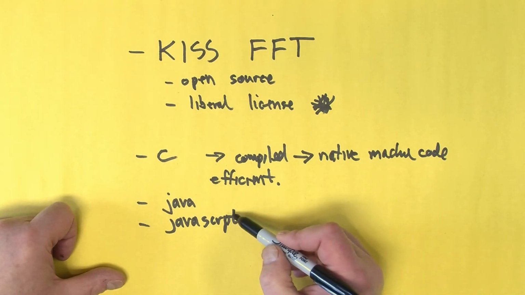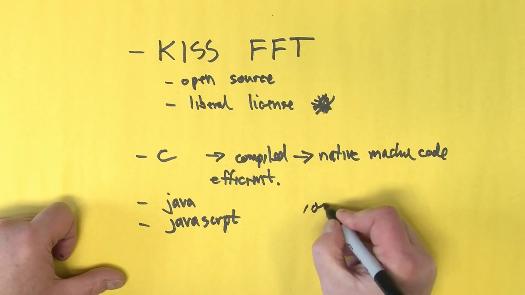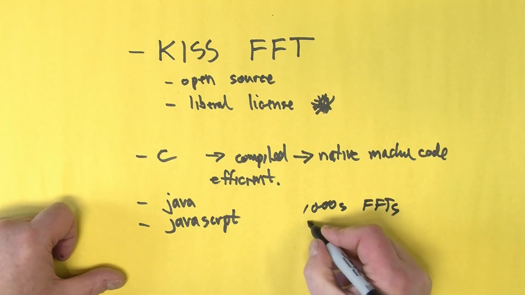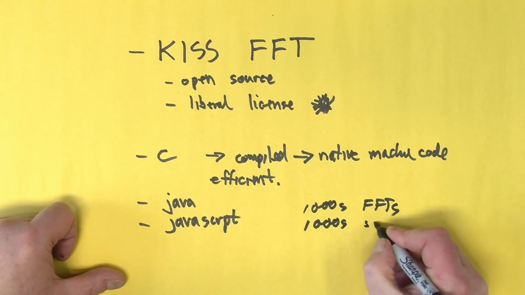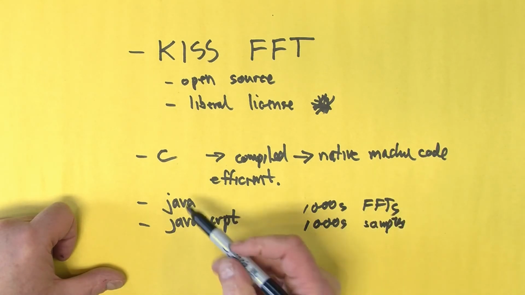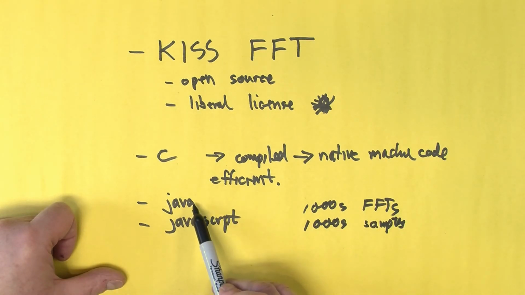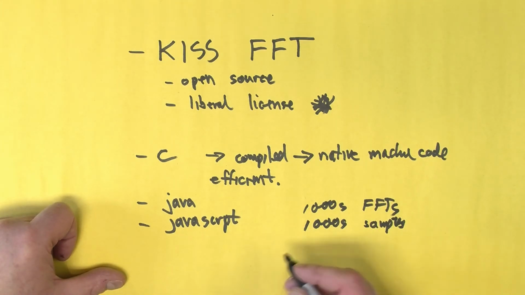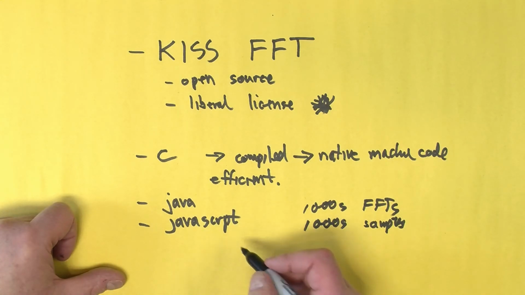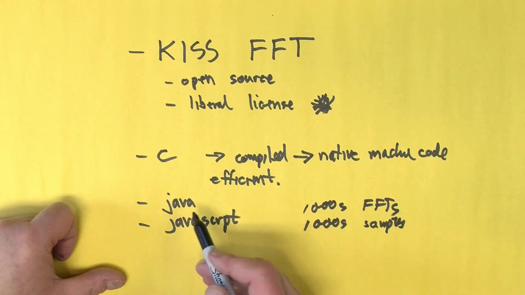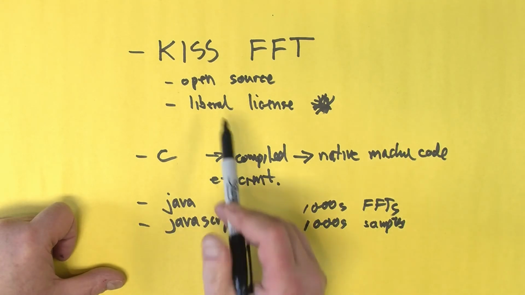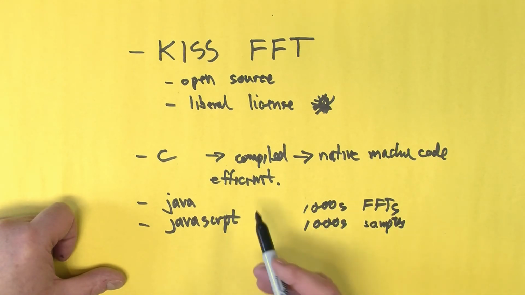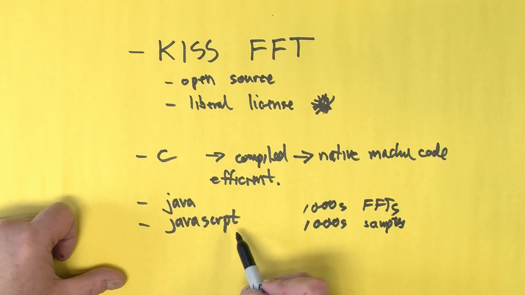However, if you're doing something where you need to handle thousands of FFTs very quickly, and each one has thousands of sample points, well, running things in the Java virtual machine or the JavaScript interpreter really won't do it. I know people have created Java native interfaces so that you can call the KISS FFT compiled C code directly from Java. I could be wrong, but I don't think that exists for JavaScript.